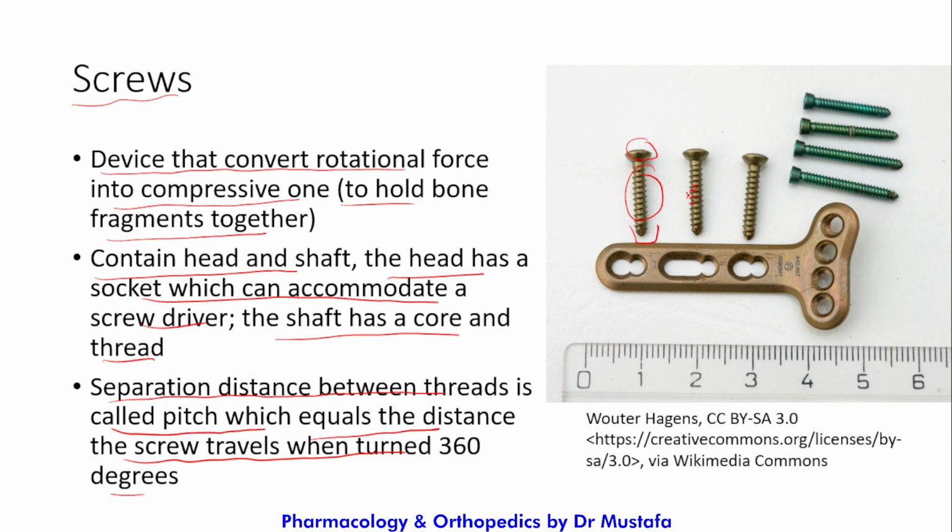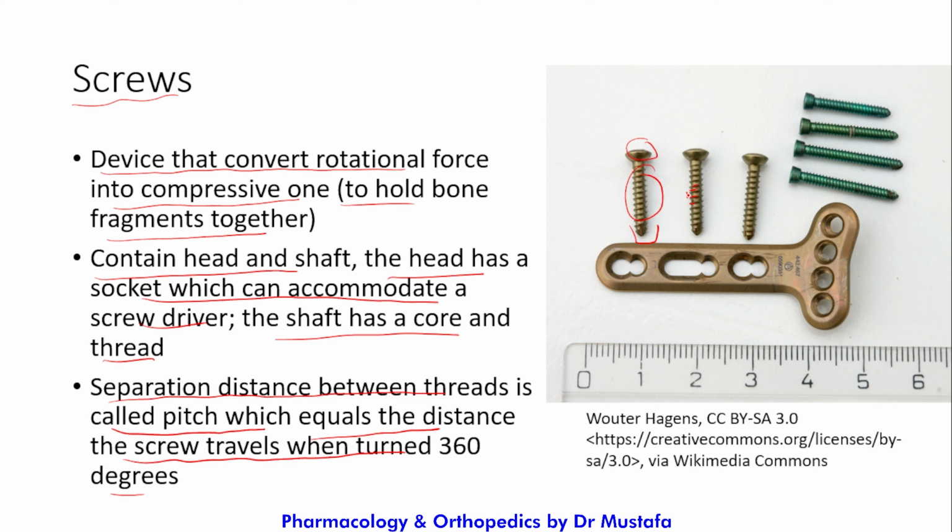And this picture here contains different types of the cortical screws. The difference is that they have a small pitch, and they also come in different types, maybe fully threaded like this one, even threaded in the head, or partially threaded like this one.